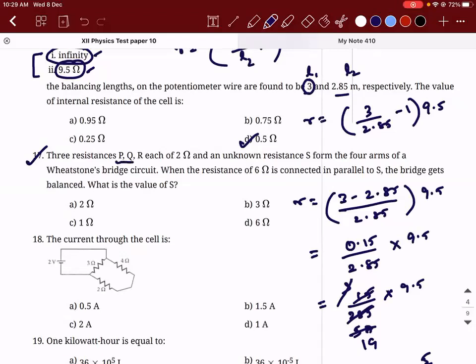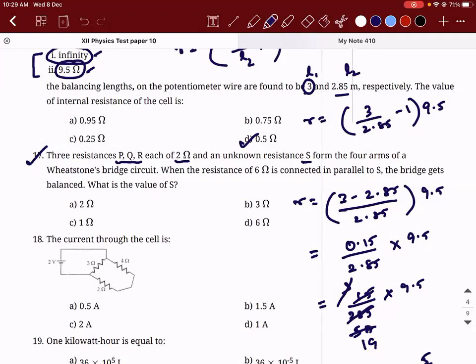Three resistances P, Q, R of 2 ohm and an unknown resistance S form the four arms of a Wheatstone bridge circuit. When the resistance of 6 ohm is connected in parallel to S, the bridge gets balanced. What is the value of S?